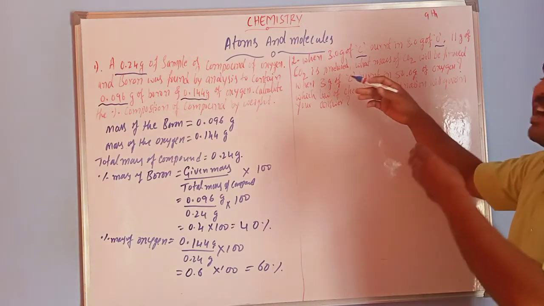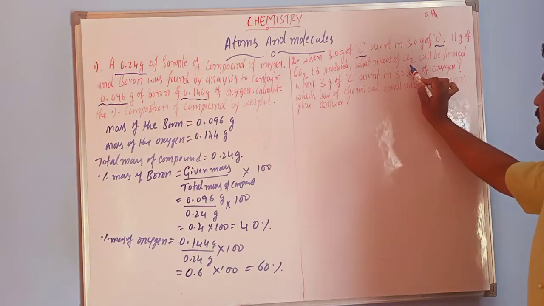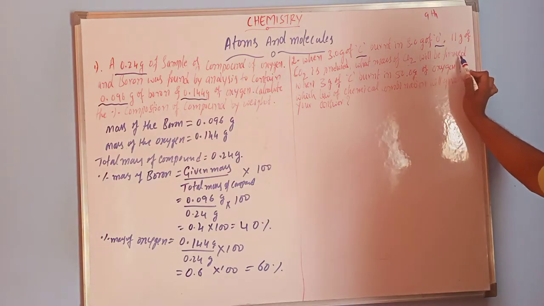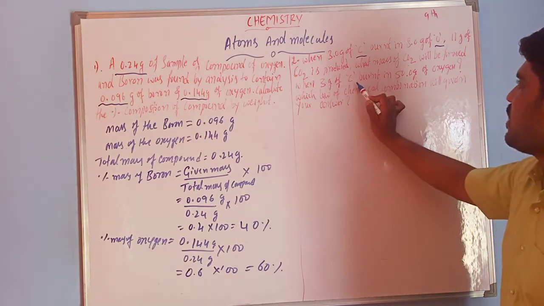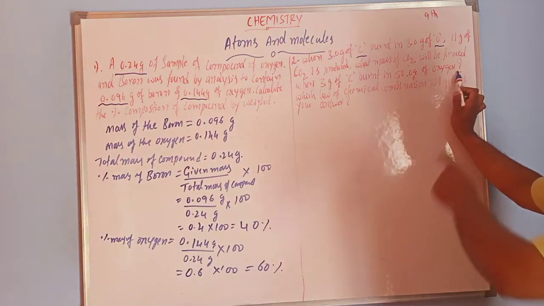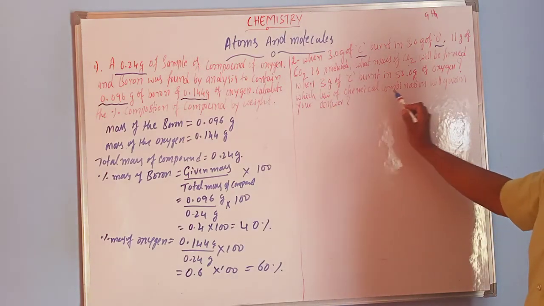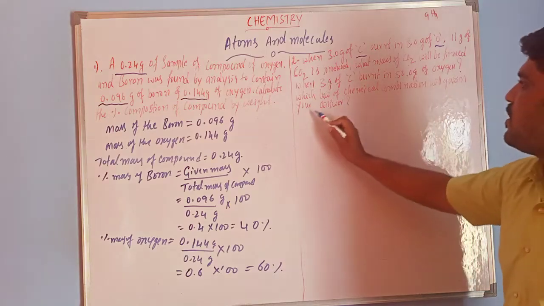C represents carbon and O represents oxygen. So this gives the information of a chemical reaction. What mass of carbon dioxide will be formed when 3 grams of carbon is burnt in 50 grams of oxygen? This is the first part of our question. Next, which law of chemical combination will govern your answer?